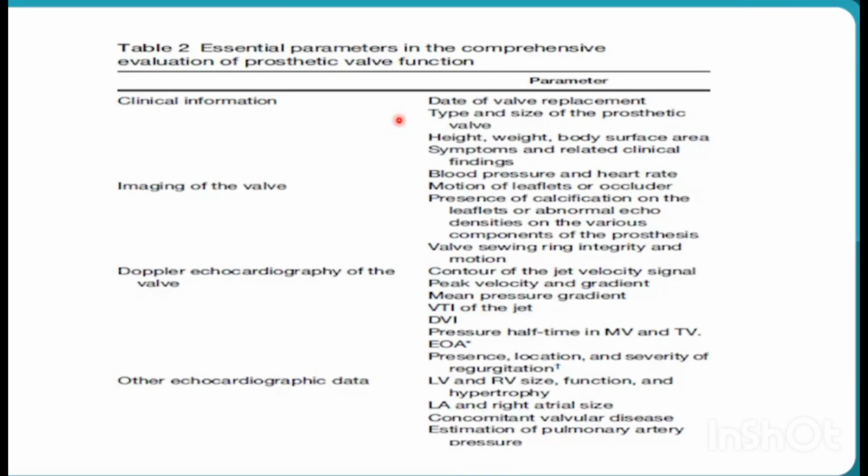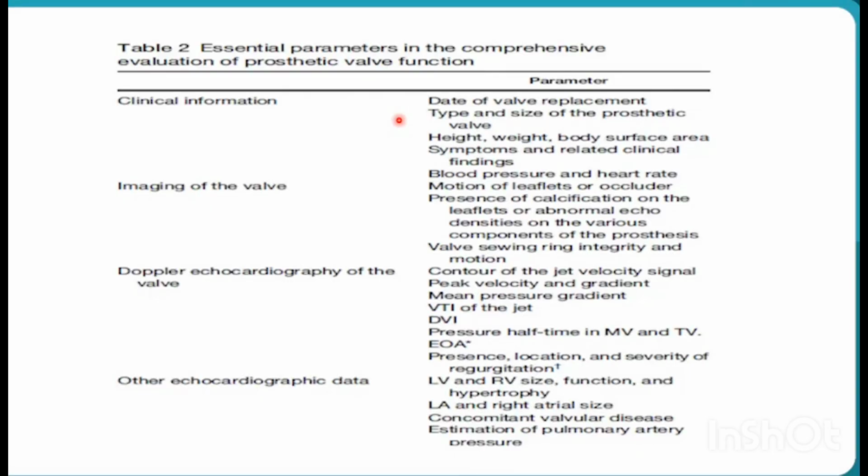Plus, if the blood pressure is very high, let's say with an aortic valve replacement and the systolic blood pressure is high, then the gradients across the valve can be falsely low, so it is important to know the blood pressure. So the date, the type of valve, what symptoms the patient has come with, the body surface area, as well as the blood pressure and heart rate are important parameters in the clinical assessment.